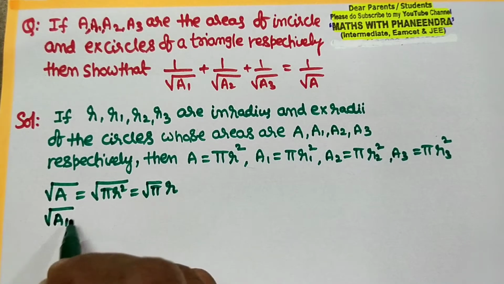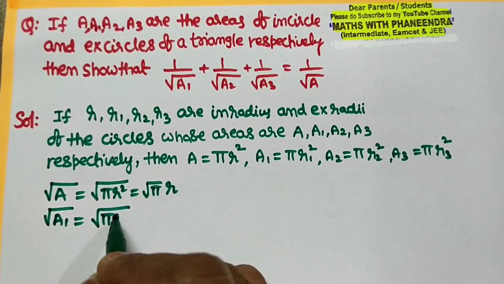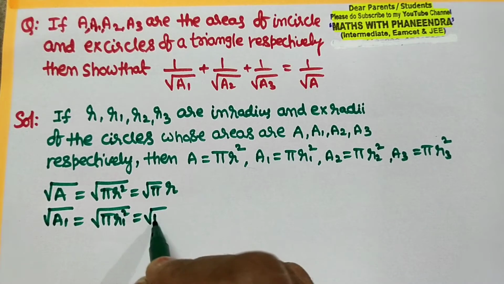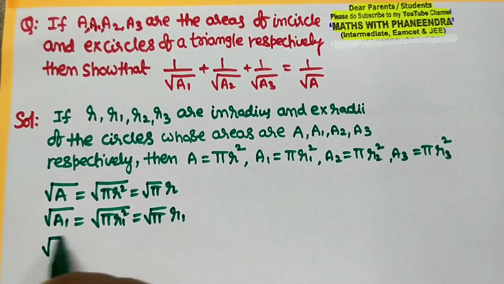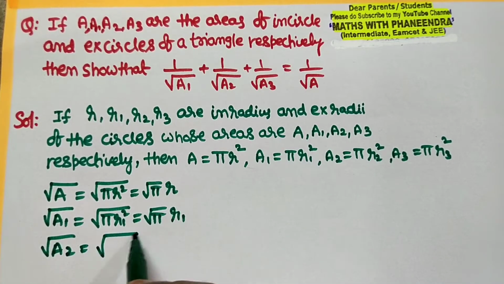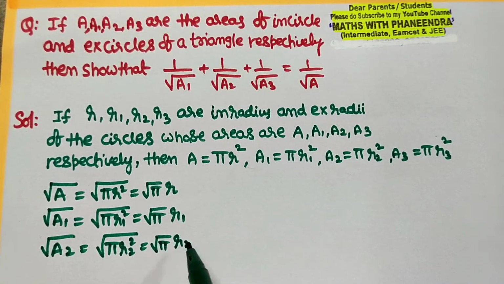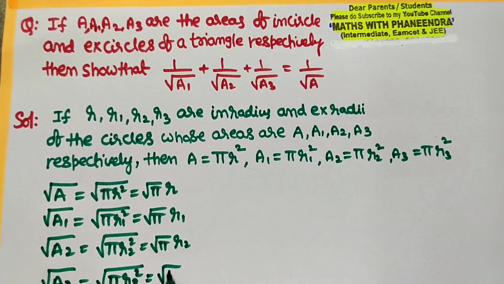Root A1 is root of pi r1 square, so root pi into r1. Root A2 is root of pi r2 square, equal to root pi into r2. Root A3 equals root of pi r3 square, root pi into r3.